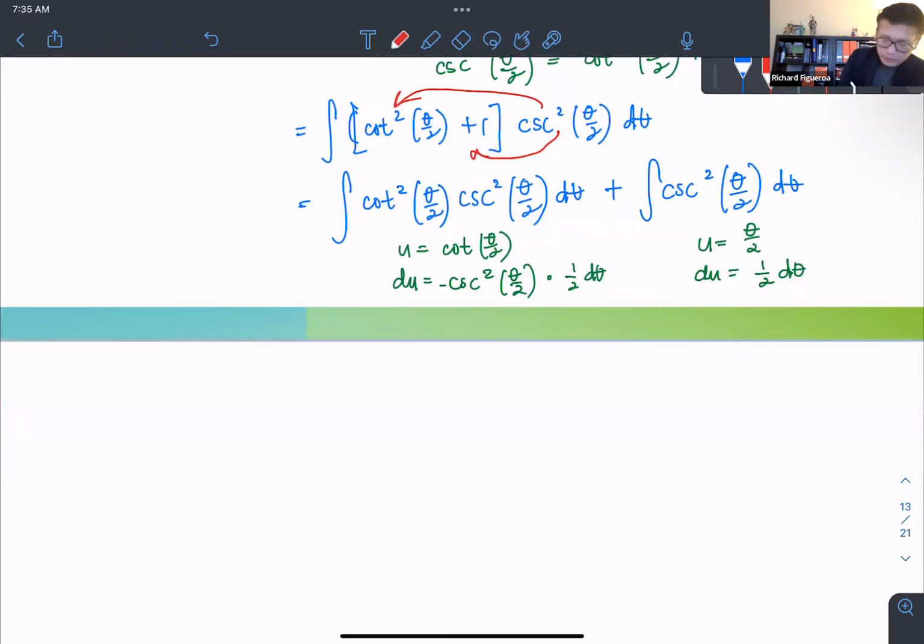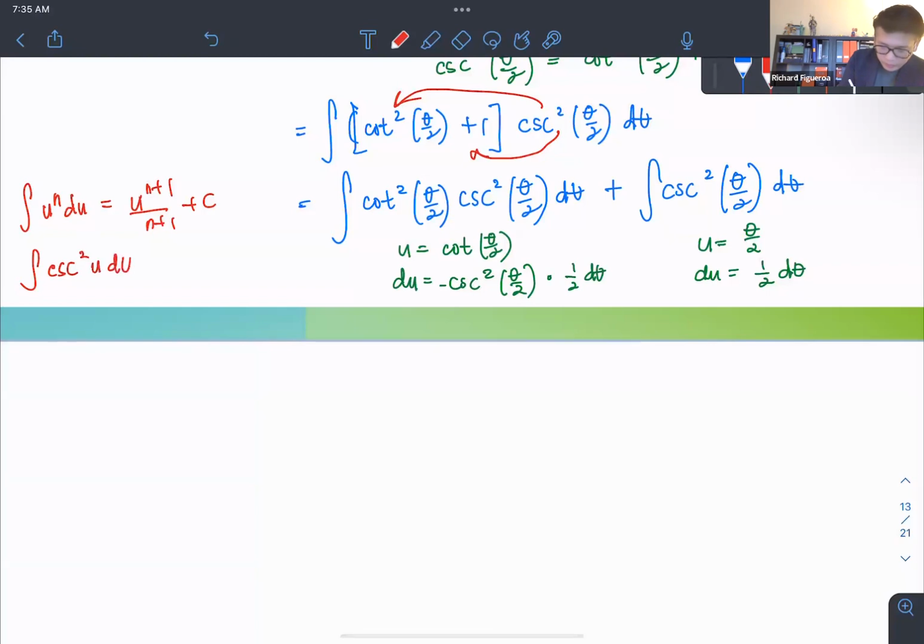So now, again, the two formulas that we will be using: the integral of u raised to n du is u raised to n plus 1 over n plus 1 plus c. The other one is cosecant squared u du, that's the same as negative cotangent u plus c.